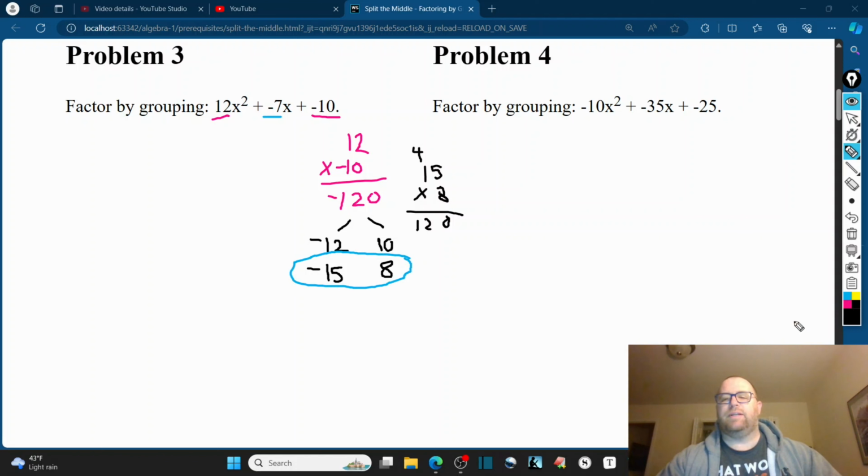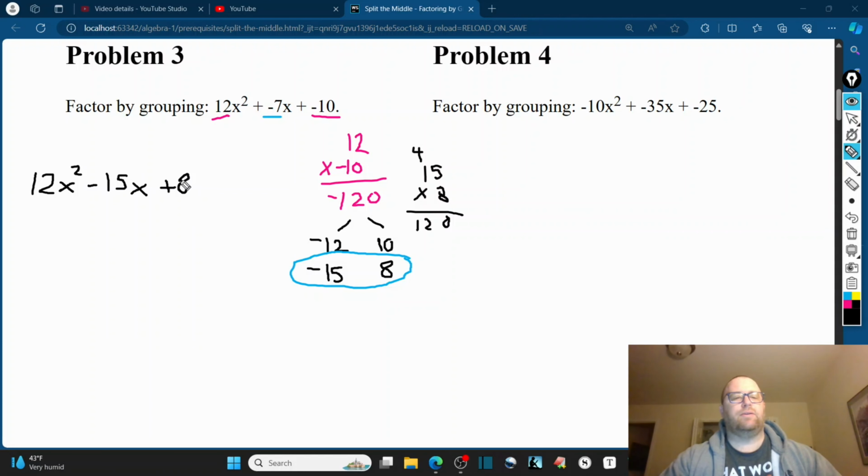Let's now split the middle. So we're going to have 12x squared minus 15x plus 8x, and instead of plus negative 10, I'm just going to write minus 10.